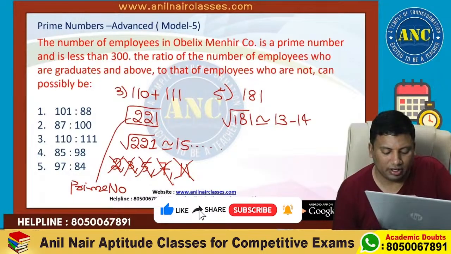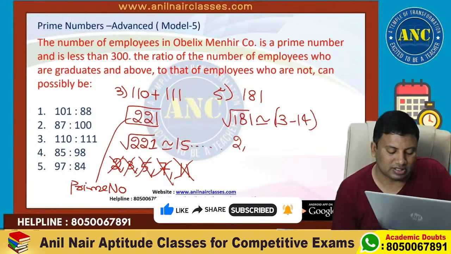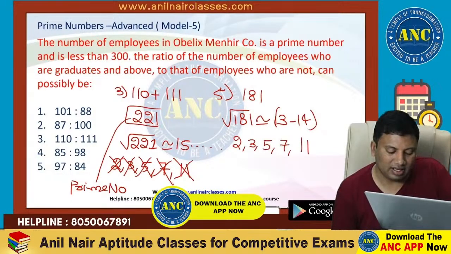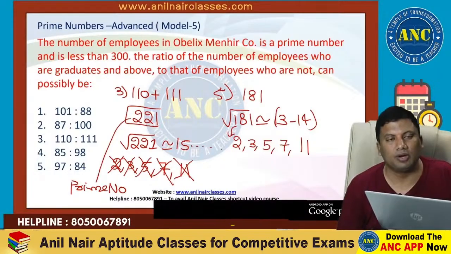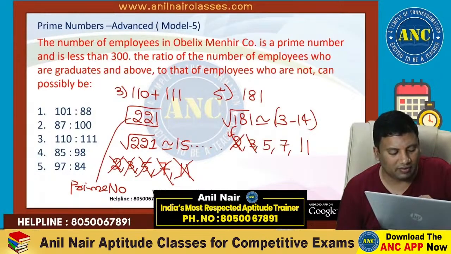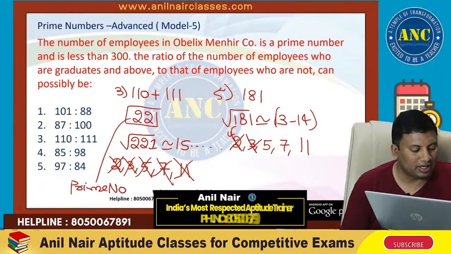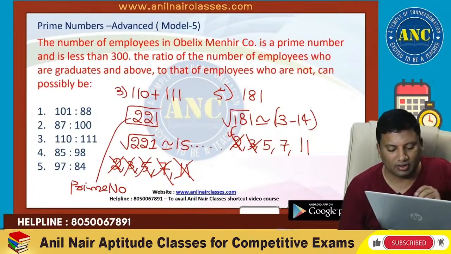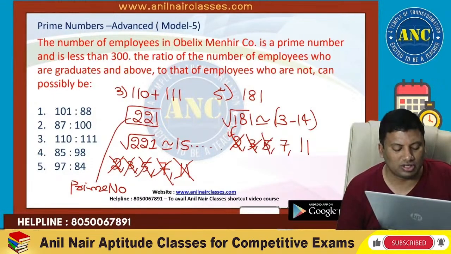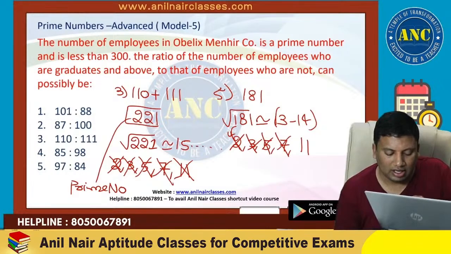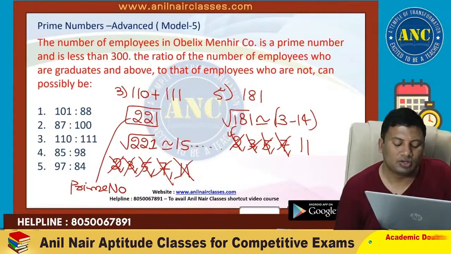Now, what are all the prime numbers less than 13? 2, 3, 5, 7, 11. Is 181 divisible by 2? No. Divisible by 3? No. 5? No. 7? 7 twos are 14, 41, no. 11? 2 minus 8, it is no.